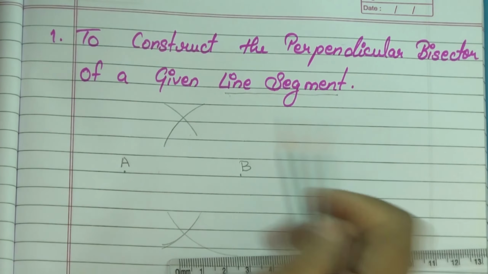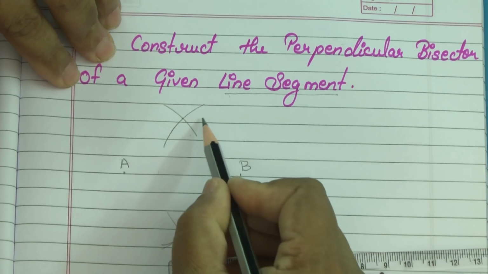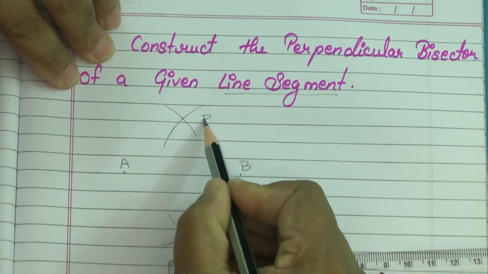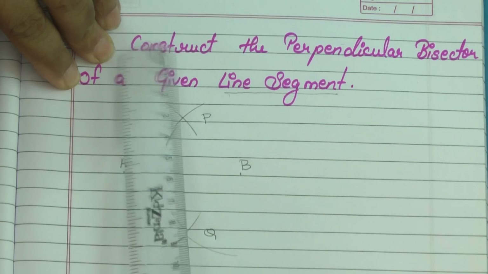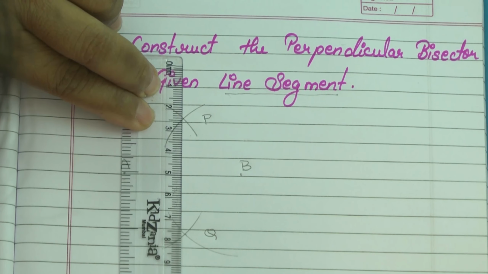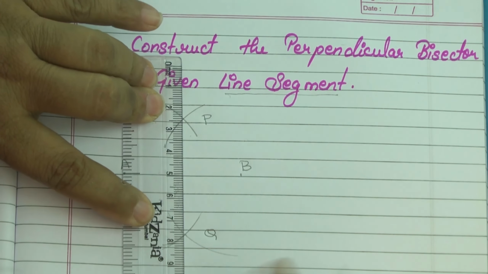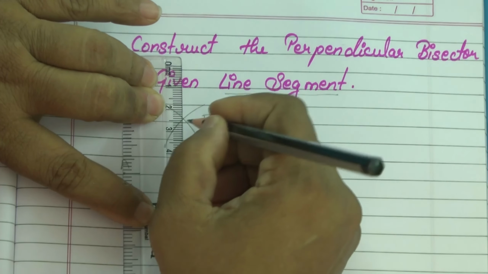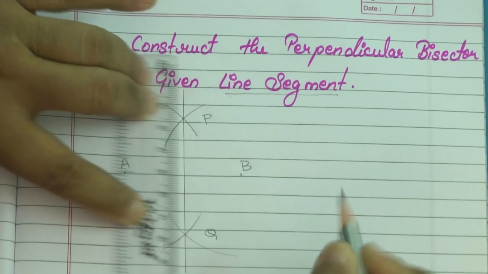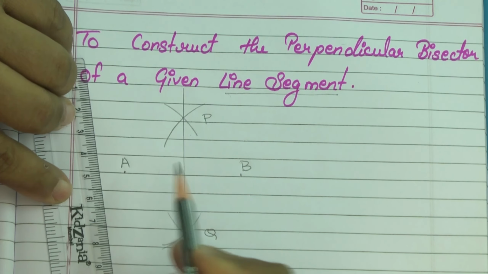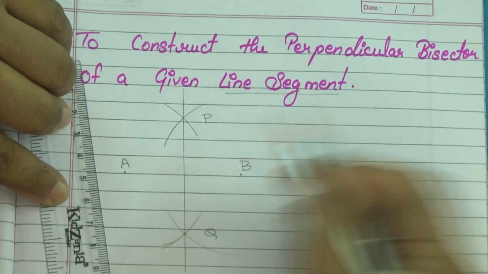The point where the arcs are intersecting, mark it as P and Q. Now join the points P and Q. The line which we have drawn here, between A and B, that line is a perpendicular bisector.